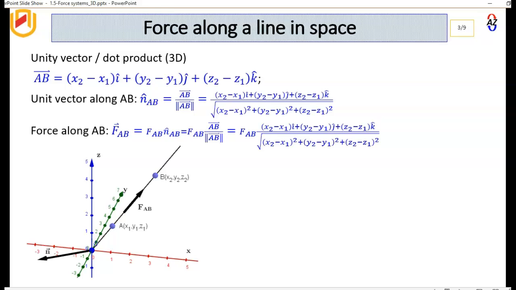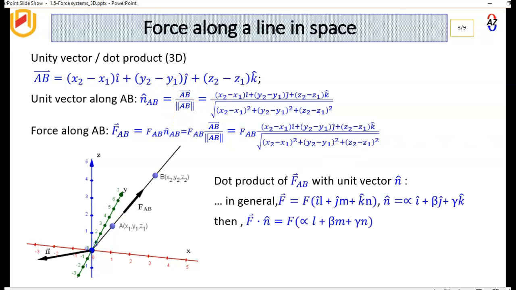So the force along the line AB will obviously be FAB, the scalar, times the unit vector in the direction AB. It's FAB times what we just saw here. Now if we want the dot product of FAB with a unit vector in an arbitrary direction n, this is what we do. This is going to be useful for getting the moment of the force about a particular direction.